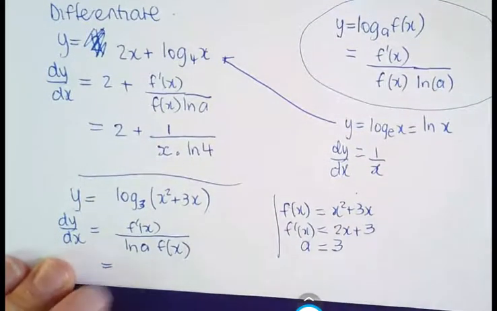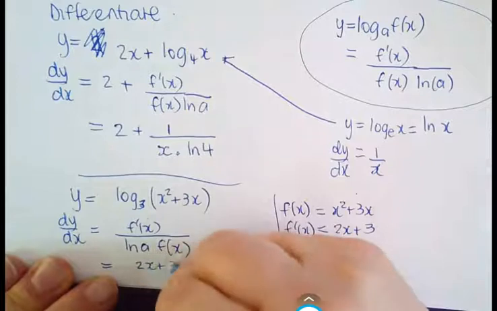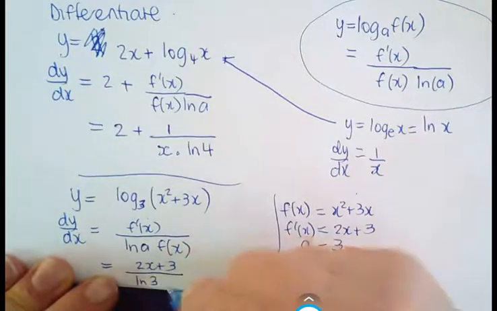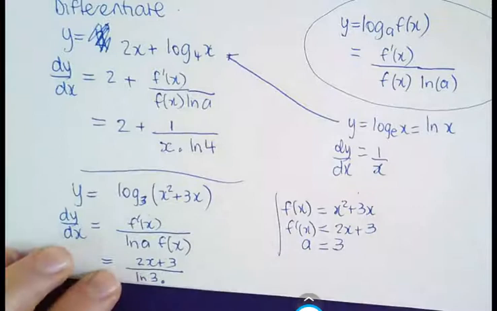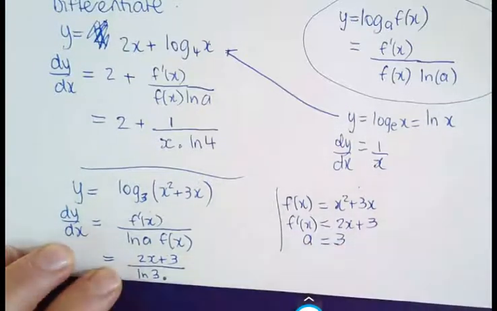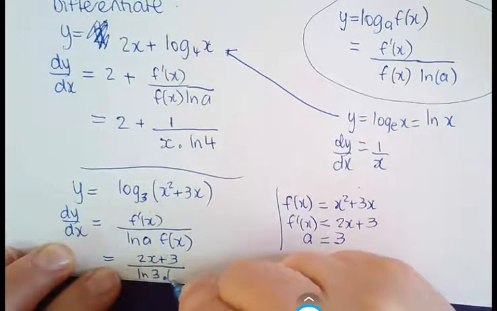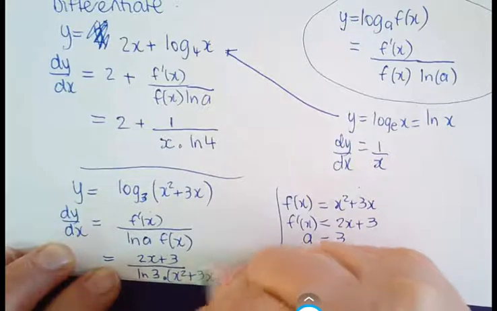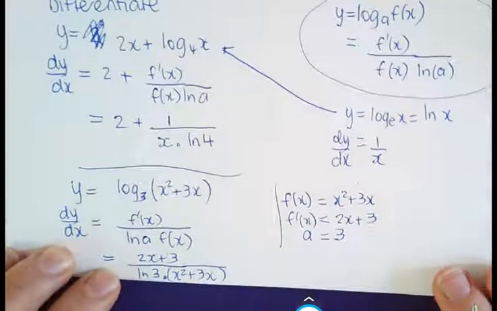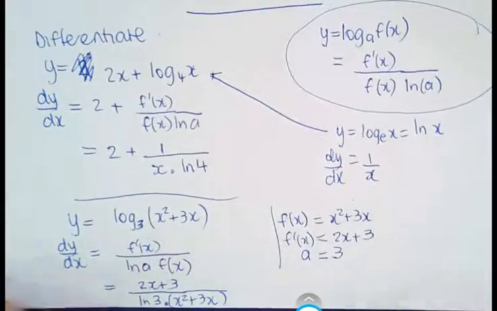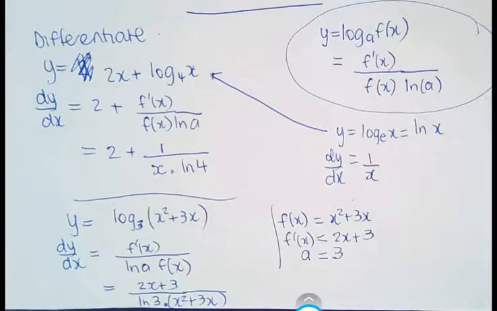All right? So f dashed x is 2x plus 3 over ln 3 times x squared plus 3x. I don't think you can simplify that. Okay? Just leave it. You can't.